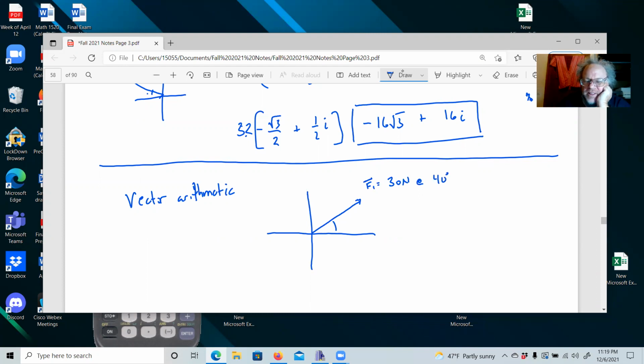Then we'll do an F2 equal to, let's go this one, and we'll do 40 degrees here.